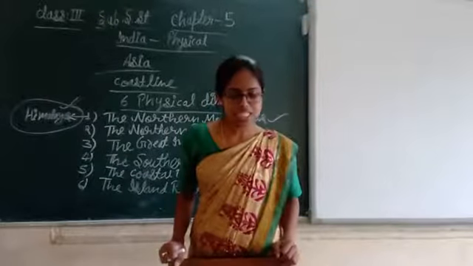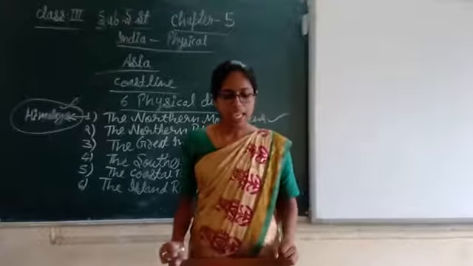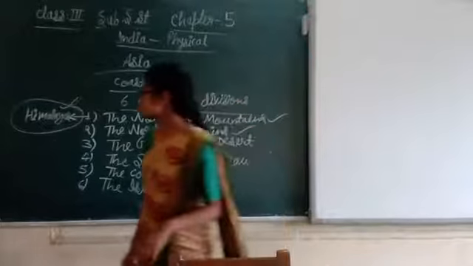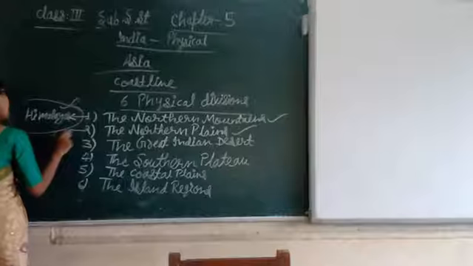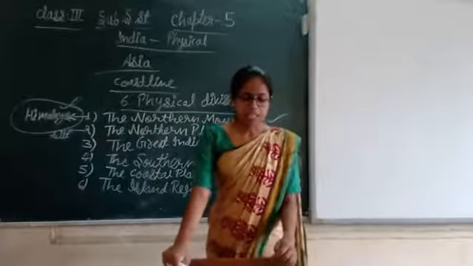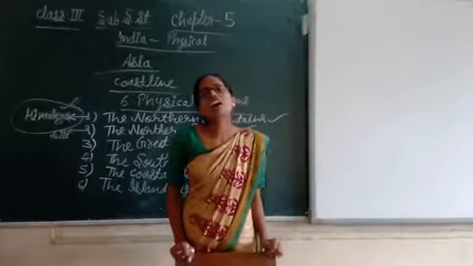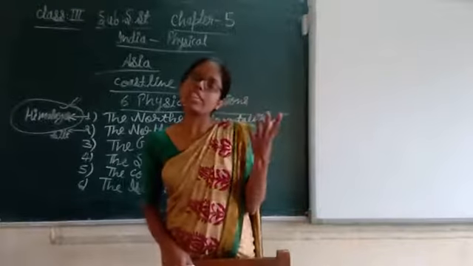What do these rivers do? They bring very fine soil, and that fine soil is known as silt. This silt is brought by the rivers, and this makes the area very fertile. What is the meaning of fertile land?